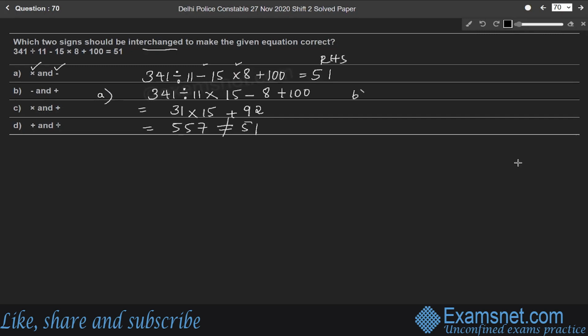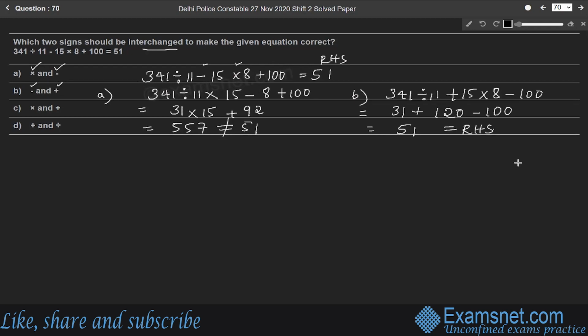So option B, if we interchange minus and plus, the equation becomes 341 divided by 11 plus 15 into 8 minus 100, which is equal to 341 by 11 is 31, plus 15 into 8 is 120, minus 100, that is 151 minus 100 is 51, which is equal to the RHS.